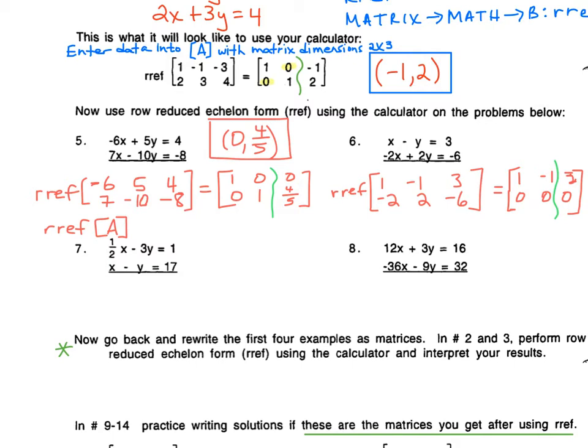All right, so that means we've got a special scenario. So when we have a special scenario, we are going to hone in on this last row right here, and we're going to interpret that. And if we interpret that, it says 0x plus 0y equals 0. Or in other words, it's saying 0 is equal to 0.